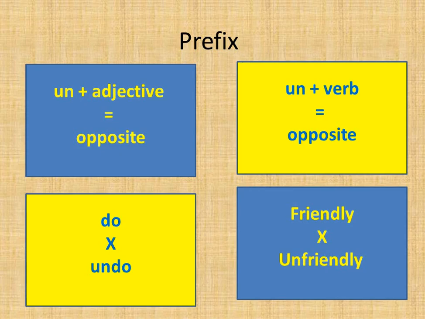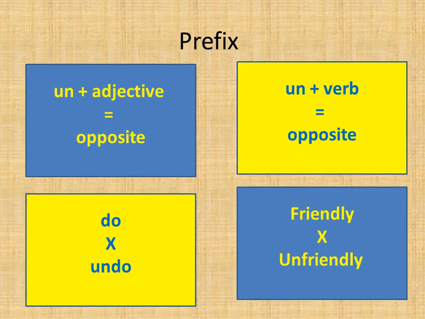If you add un to an adjective, it gives the meaning of opposite. For example, we say friendly, and the opposite of it is unfriendly. Again, if we add un to a verb, it gives the opposite meaning too. We say do and undo. The only difference is sometimes we add un before an adjective, and sometimes we add un before a verb.